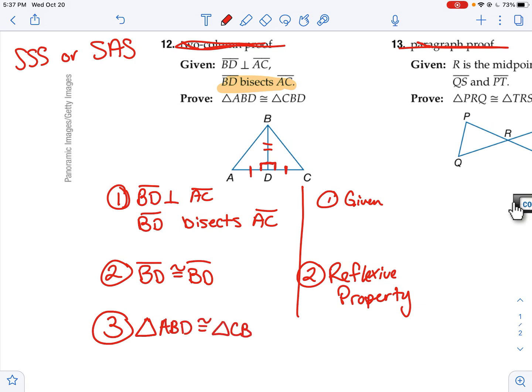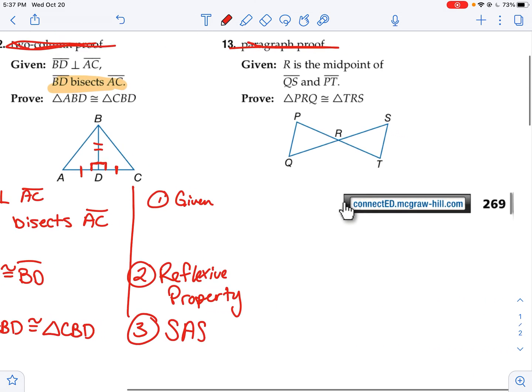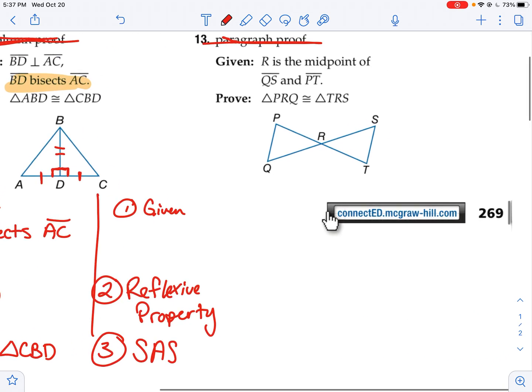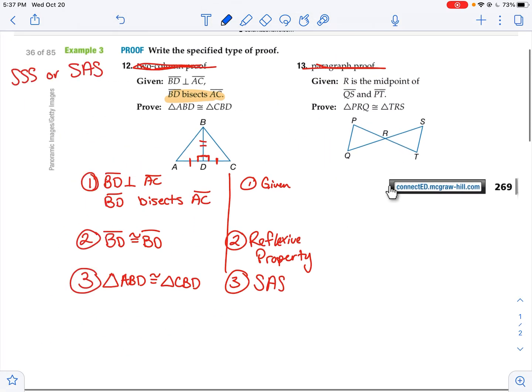And in this case, these two triangles are congruent by side angle side. So the goal is get everything you can, and after every step, we should check to see if we have congruence.